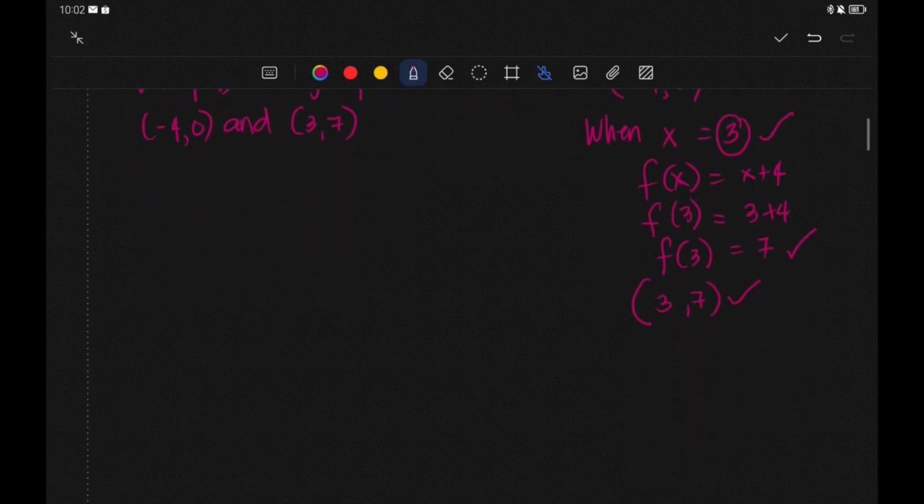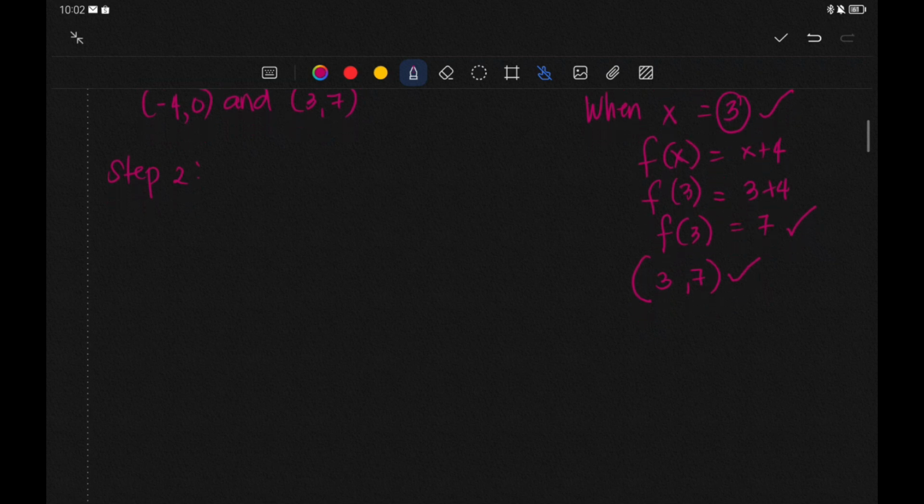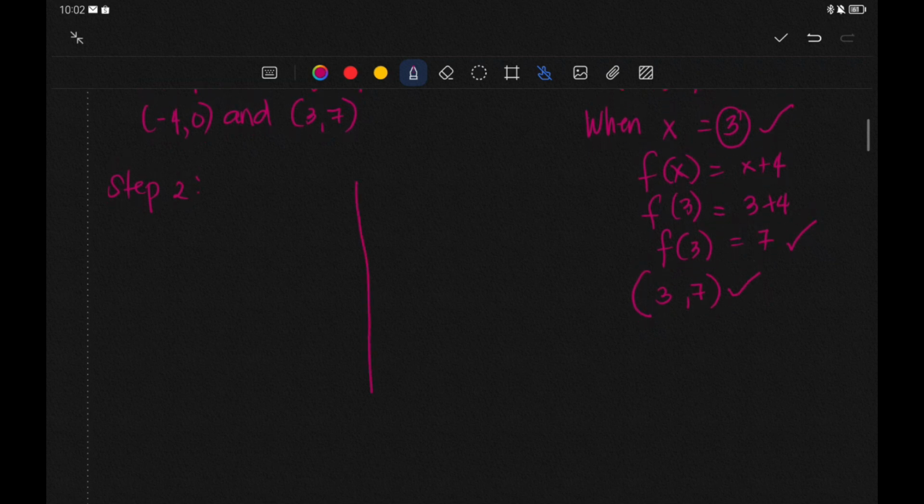Now, step number 2, we are going to plot the ordered pairs. So, our y is 7.